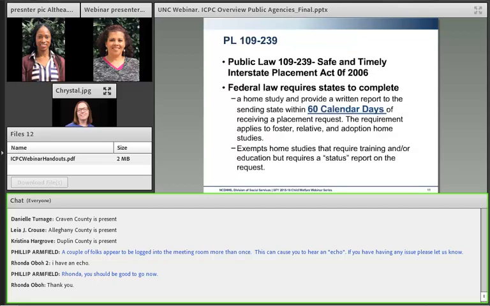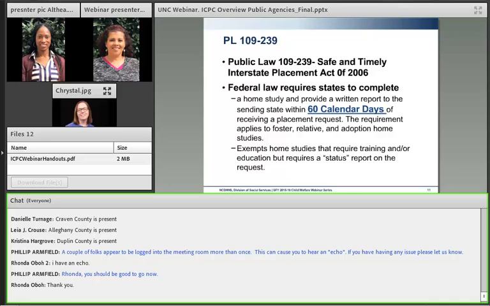Now we want to look closely at Public Law 109-239. This is a federal mandate that provides the guidelines for conducting timely home studies. It establishes a specific compliance time frame by which the receiving state must provide a home study.